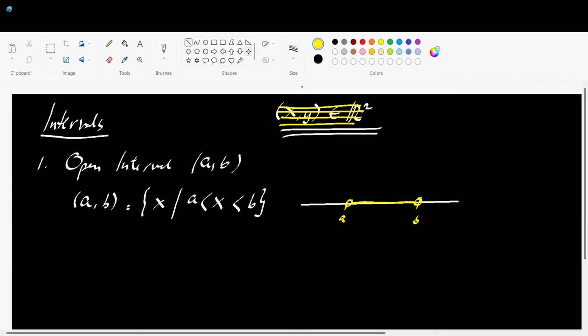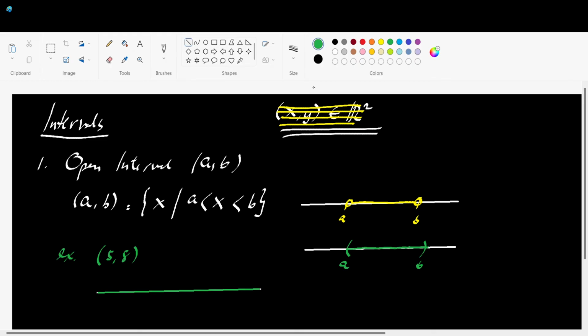Another way of illustrating the open interval (a, b) is by using a pair of parentheses, from a to b, including the numbers in between. That is the open interval. So an example is the open interval (5, 8). We illustrate this on the number line, from 5 to 8.